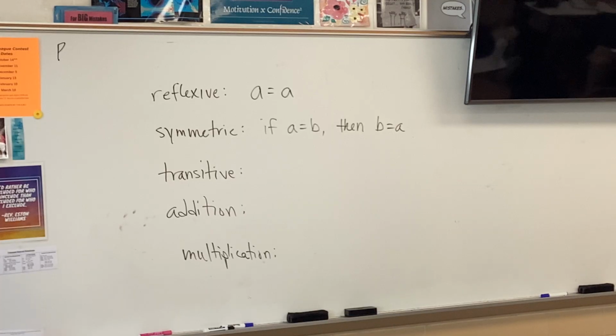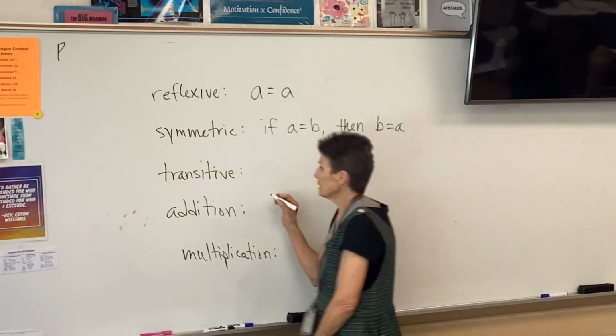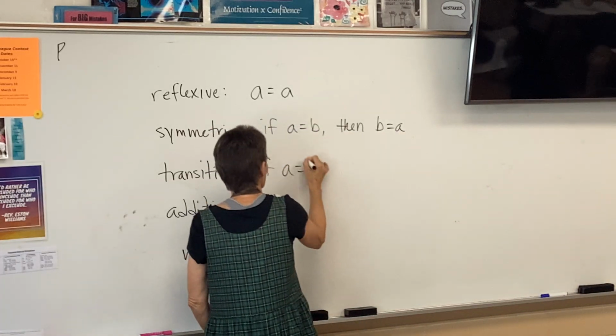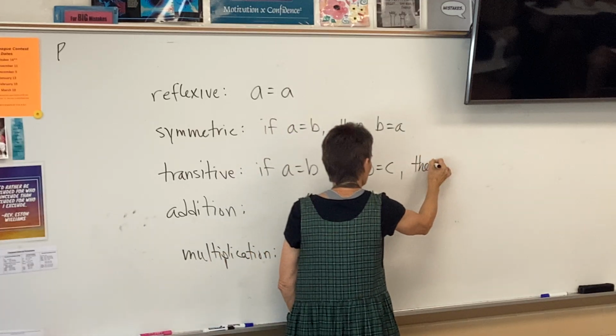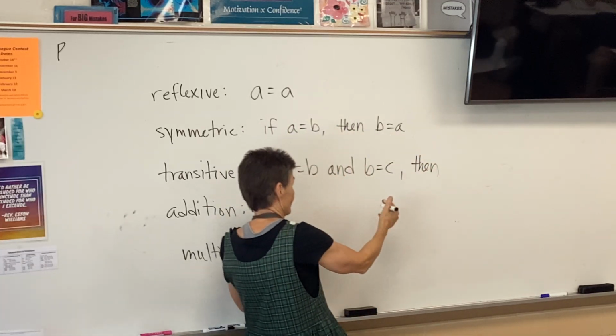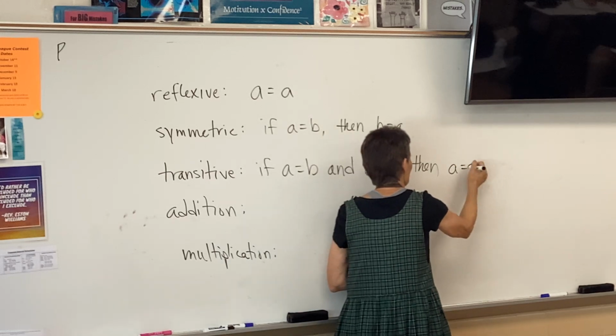Commutative says you are either adding or multiplying: A times B, B times A. That is different than equality. These are properties of equality. What's transitive then? If A equals B and B equals C, then yep, A equals C.